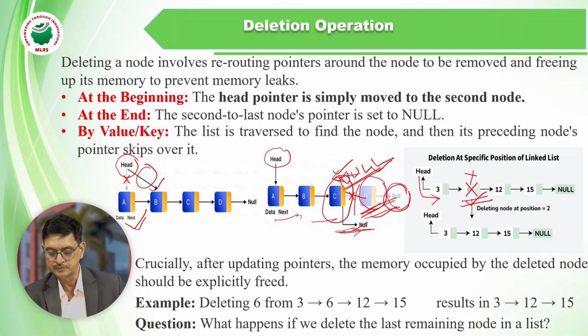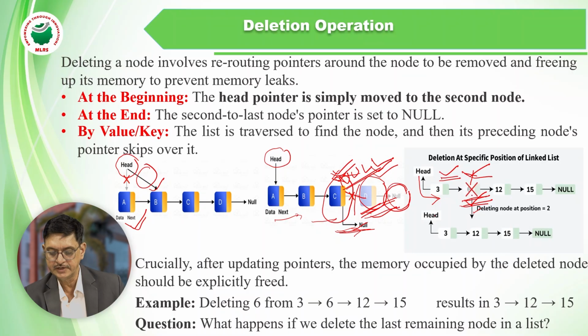Like previously, where we identified the last node plus the last but one node, here also we identify the required node, which contains the value or location, and its previous node. By moving from a node to the next node using node equals node next, we can identify the previous node and the required node.